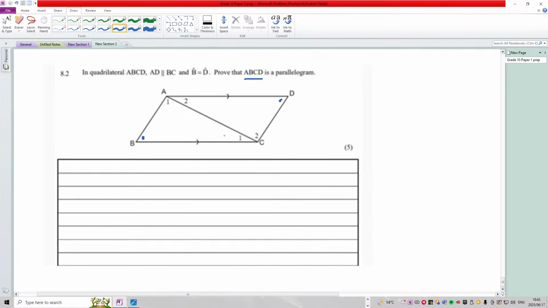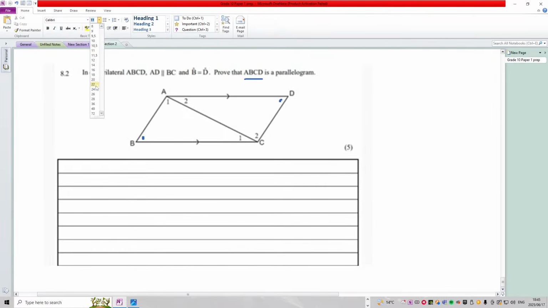Now, we need to prove a few things of a parallelogram, but we only need to prove one or two of the conditions to prove that this is a parallelogram. Are you with me? So let me just write that down, because I know that some of us won't always remember.